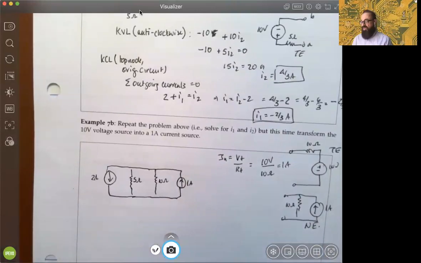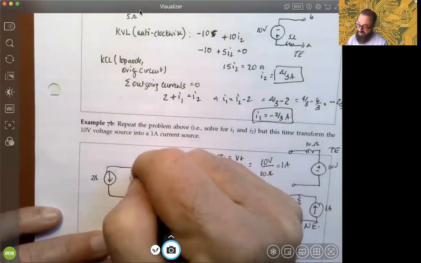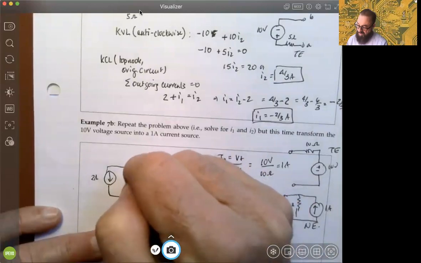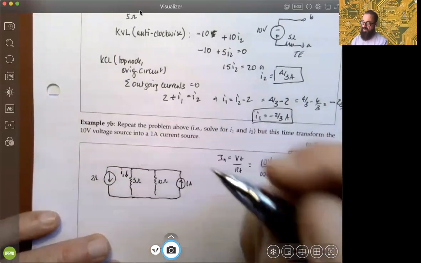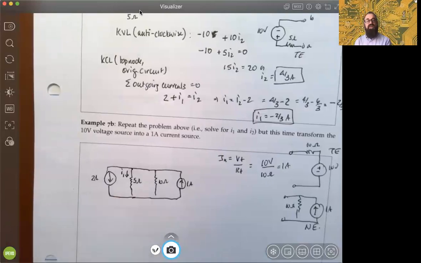Now, let's think about what we're interested in finding. From the perspective of the current flows, remember the direction of the original I1 current was this way, I1, okay? And what we can do now is try to figure out what that current is.